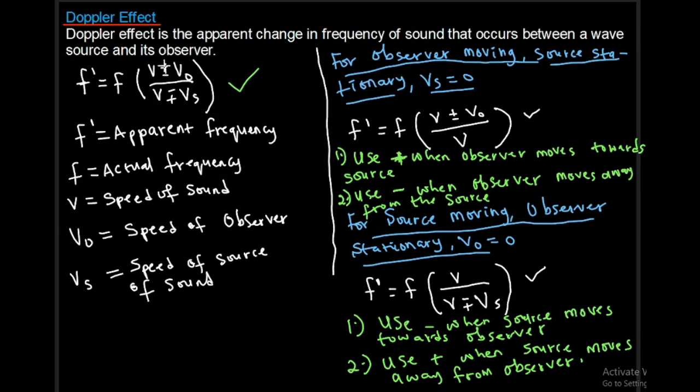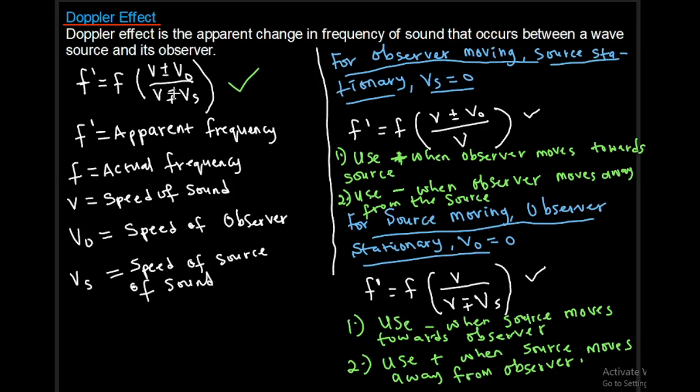If moving away from the source, you use minus. Source moving towards observer, you use minus. Source moving away from the observer, you use plus. So this is just the equation for the apparent frequency in the Doppler effect.